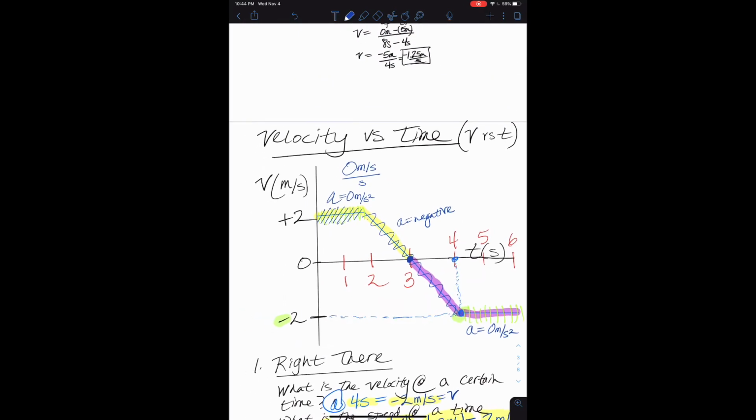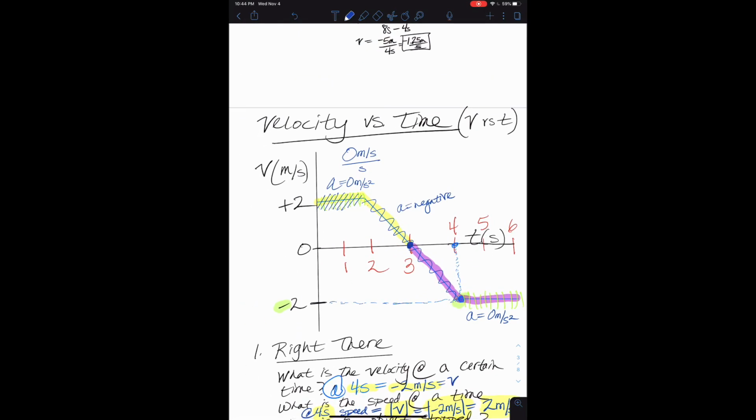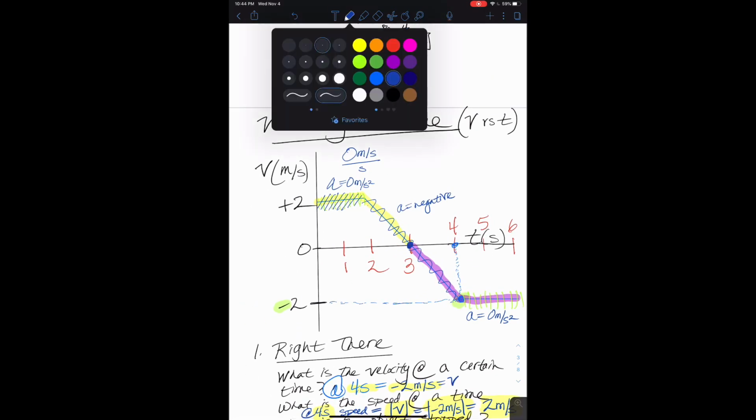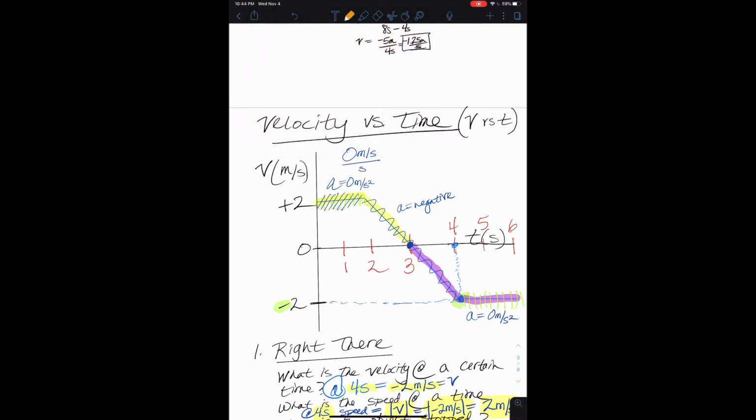So something they might ask you is, what is the acceleration at 3 seconds? Well, if they ask you that, you have to then find the slope of this line in orange right here. I know it's getting kind of congested on this graph, but we have to find the slope of this orange part, this middle part, this down and right part. And we'll just pick 2 points on it.